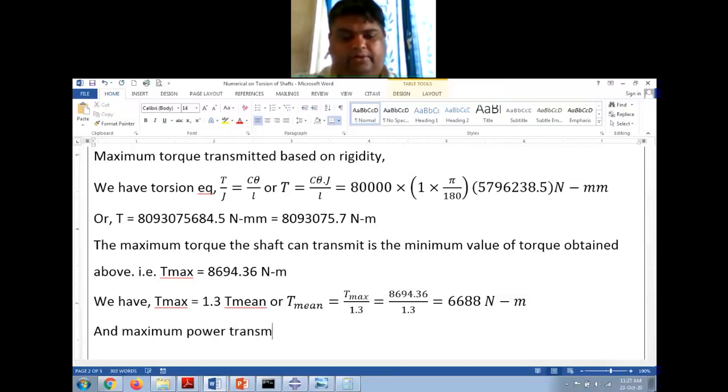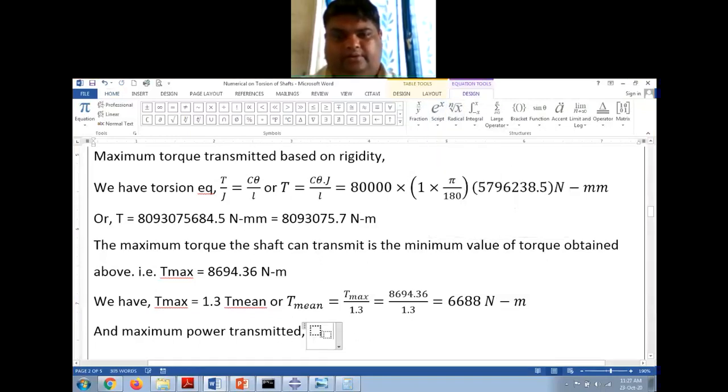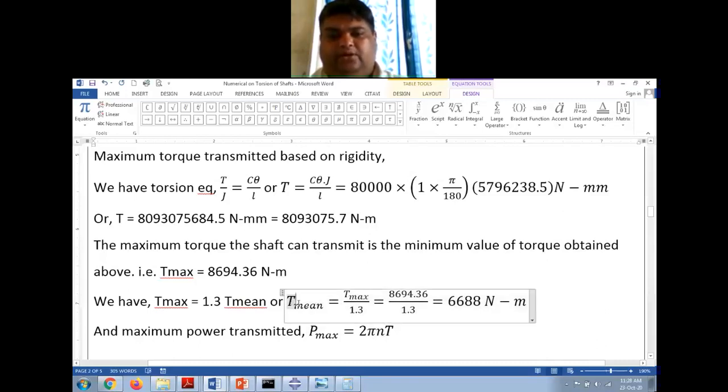And maximum power transmitted is given by P max is equal to the formula is 2 pi nT upon 60. Now here n is given in RPS, so I'll remove this 60 and change this to lowercase n, that is speed in RPS, and this is the mean torque, right?